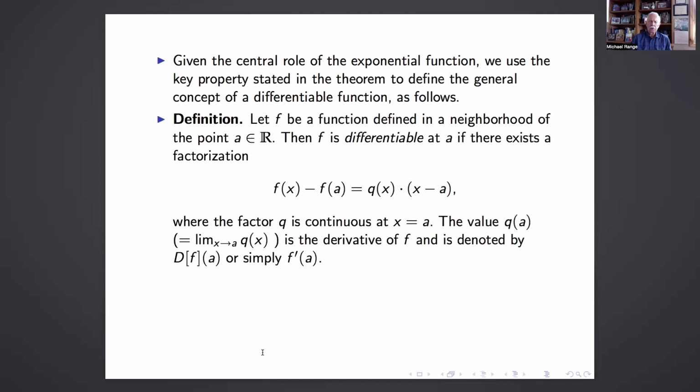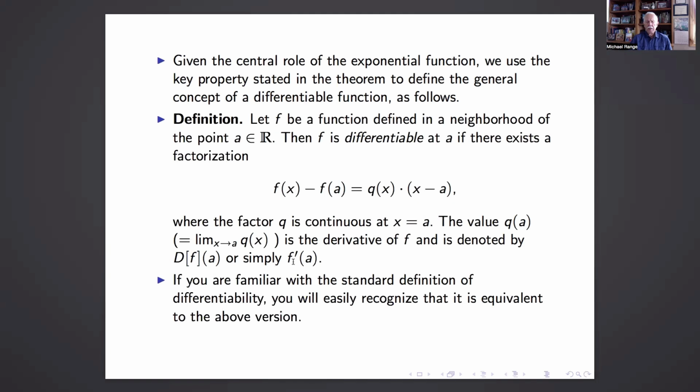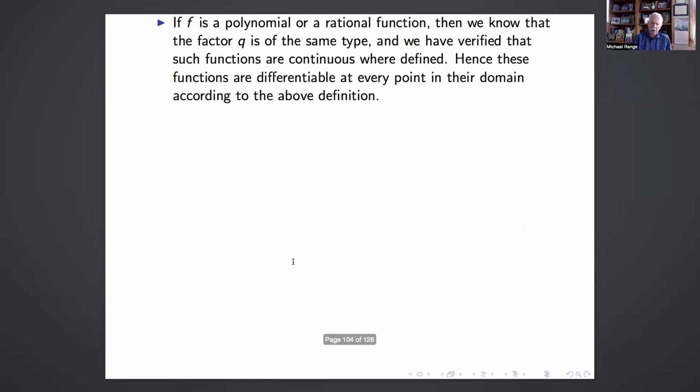The value q at a, that is the limit of q of x as x approaches a, is the derivative of f, and it is denoted by df at the point a, or simply also f prime at a. If you're familiar with the standard definition of differentiability, you will easily recognize that this definition is equivalent to the above version.